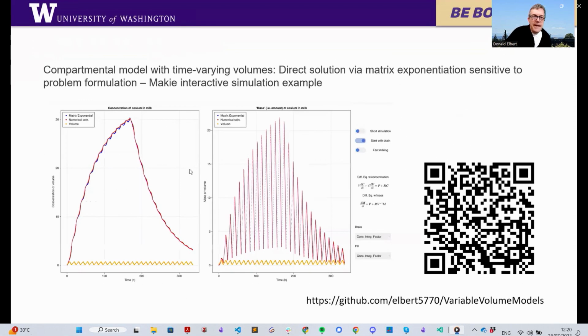And I put together a Makie interactive simulation that I hope people will look at and maybe use as a test example, because I compare the numerical solution to directly solving using matrix exponentiation and show just how sensitive matrix exponentiation is to the setup of the equations themselves.